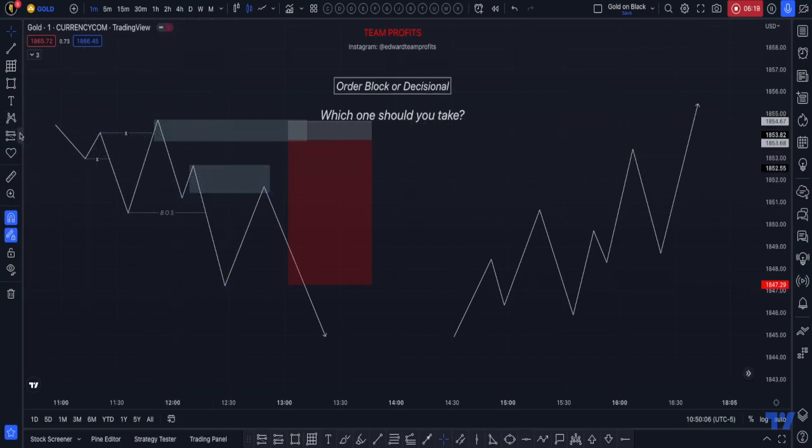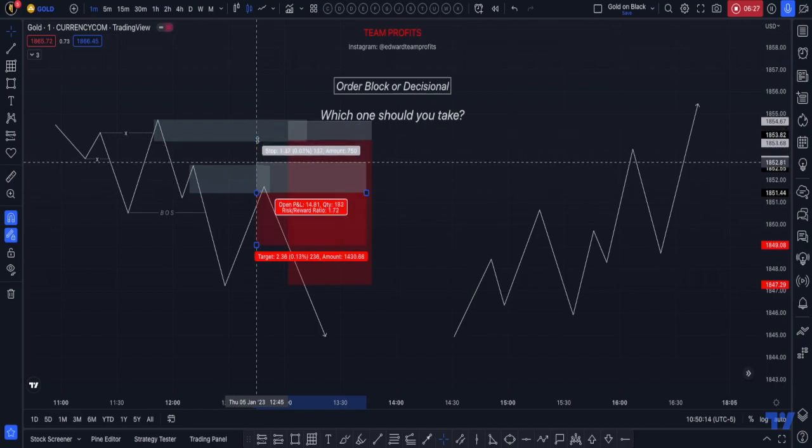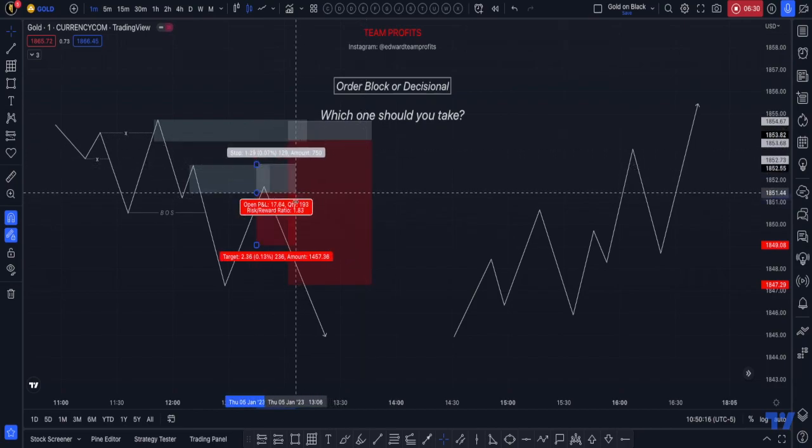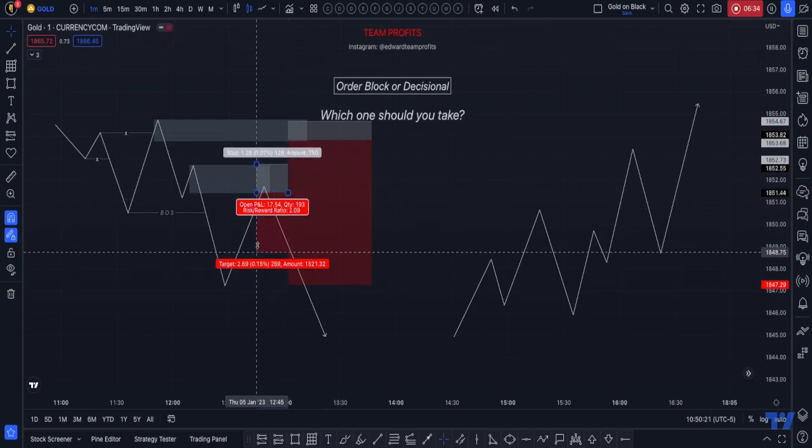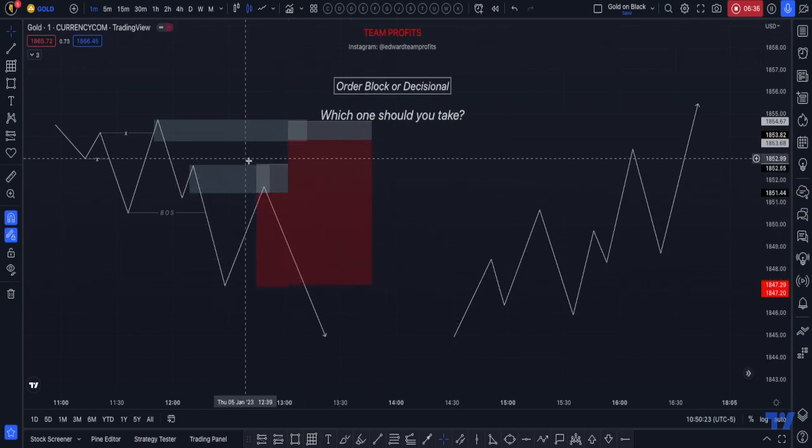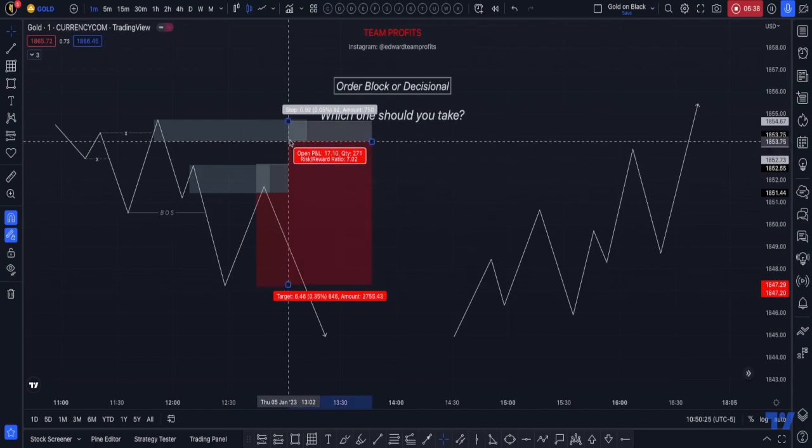Still, I know some traders, you can still do it. There is no big deal with this as long as you're not risking your entire account with one single trade, right? I have done it myself. I actually do it from time to time. If I'm feeling very confident, I actually select both. I place two sell limit orders.